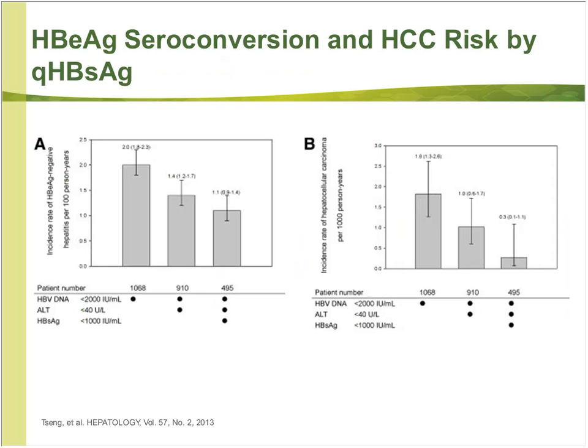That's basically what this data is showing in the right graph on this table. So we like the DNA level to be under 2,000. We like the ALT to be less than 40. That's not healthy, but that's normal at a number of labs. And here we have a cutoff of S antigen less than 1,000. You can see a very, very substantial decrement in future liver cancer risk.